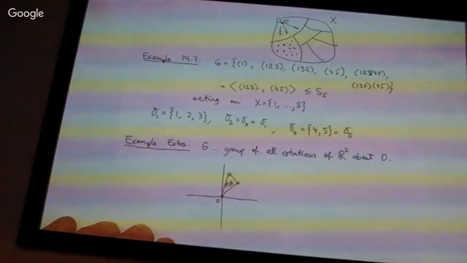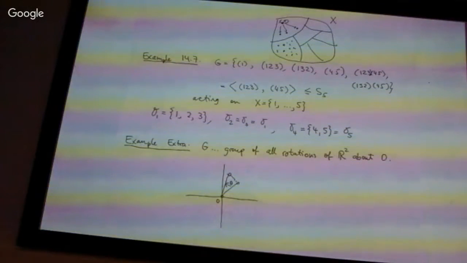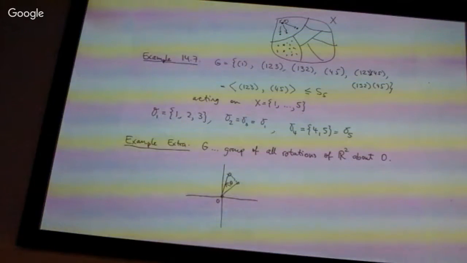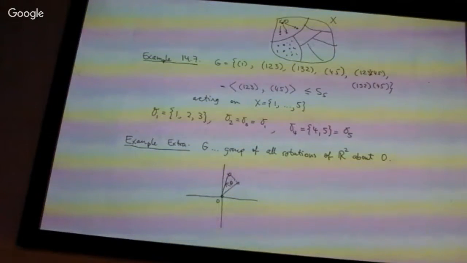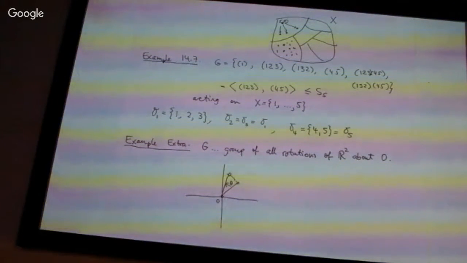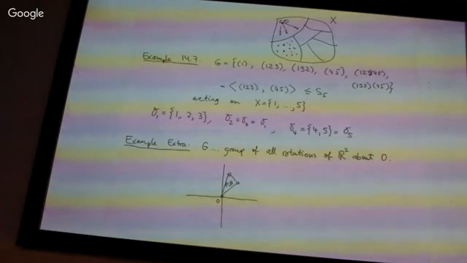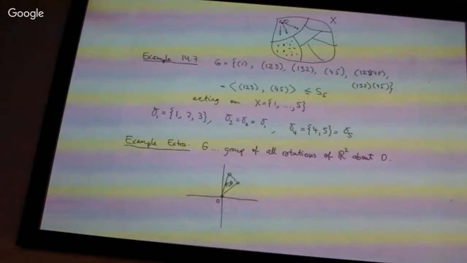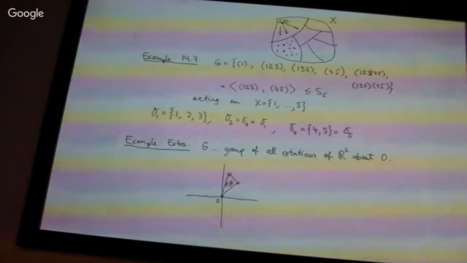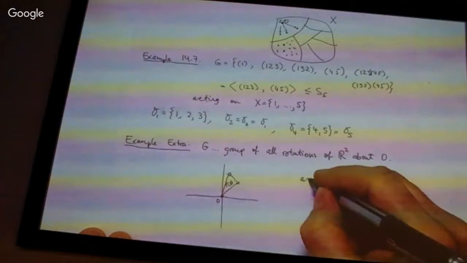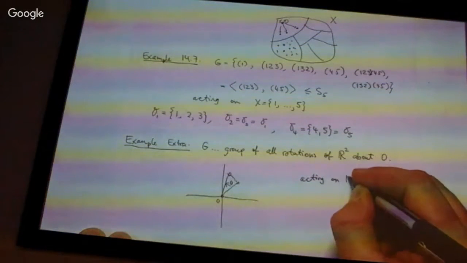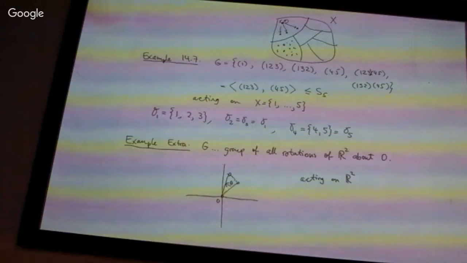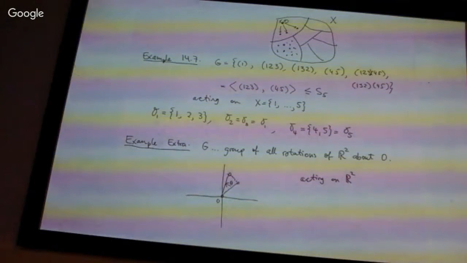Any angle from 0 up to, not including, 360 degrees, any real number, gives you a rotation. Sounds reasonably easy. So this is acting on R squared. It could be acting on many other things as well, but I'm looking at the action this does on R squared, which is rotating things.